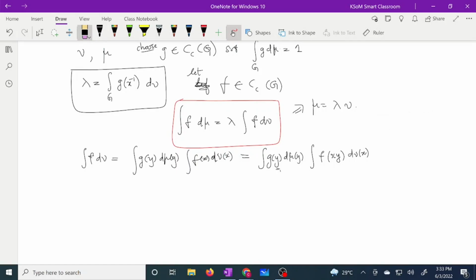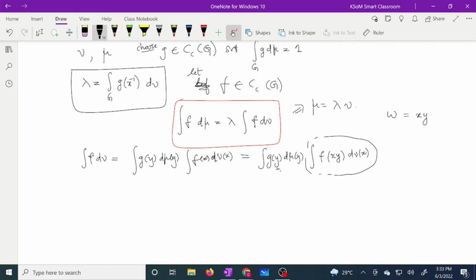You define a new variable w as xy. Inside this integral, y is fixed because it is coming from this y over here.